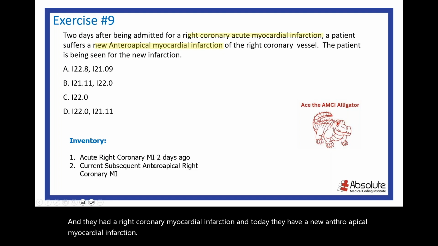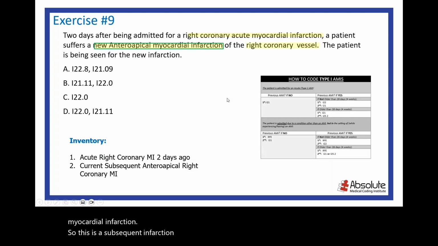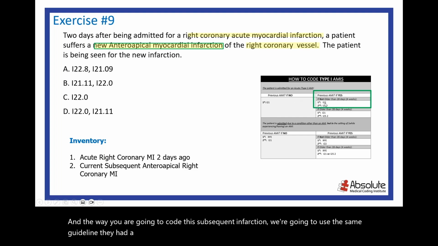So this is a subsequent infarction. The way you're going to code this, we're going to use the same guideline. They had a previous AMI, and it's not older than 4 weeks. So we're going to sequence I22 first, followed by I21.